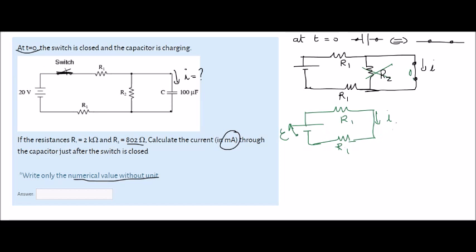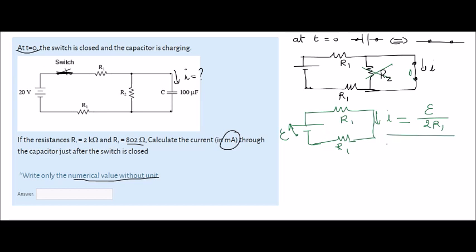I will explain. So what is this current? E over R1 and R1, they are in series, so this is 2R1. Those who included R2, what is the current? E over 2R1 plus R2. You will get a value closer to this one, but not the correct one. So your answer is wrong.